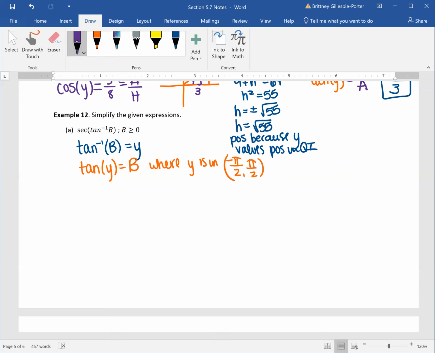Negative pi over 2 brings us back to quadrant 4, and positive pi over 2 brings us to quadrant 1. And here we have tangent is positive. So we're going to be working in quadrant 1. Our only choices were Q1 or Q4. We're working in Q1. So let's set it up.